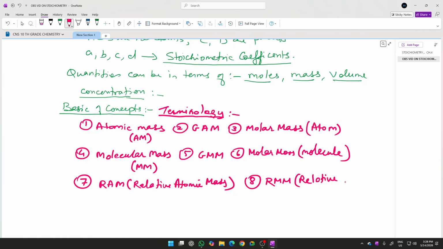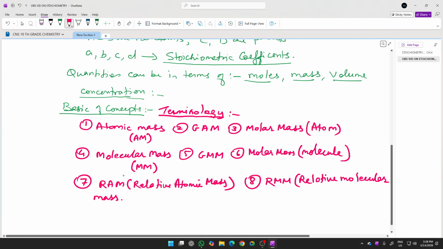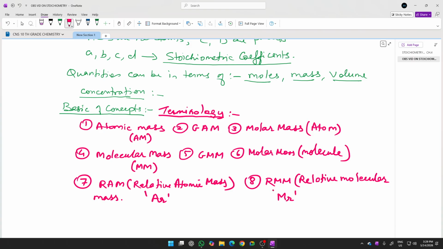These are the eight terms that you should understand, and you should have clarity of these concepts. Relative atomic mass is represented in your IGCSE textbooks as Ar, and relative molecular mass is represented by Mr.